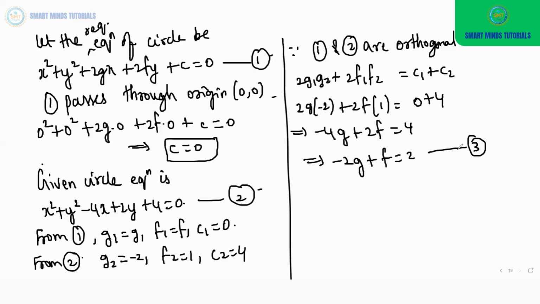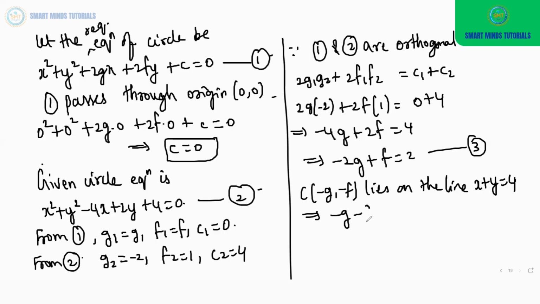I got equation number 3 in terms of g and f. One more condition is given in the question. What is that? Center lies on the line. Now it's given center (minus g, minus f) lies on the line x plus y is equal to 4. So in the place of x and y, you put minus g and minus f. So minus g minus f is equal to 4. Equation number 4.